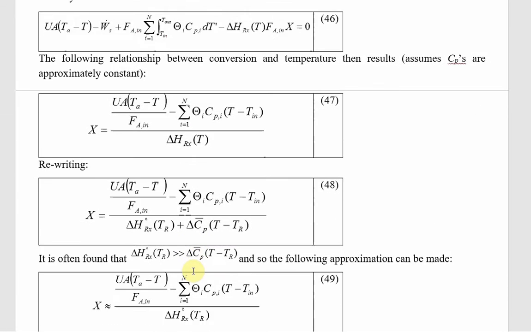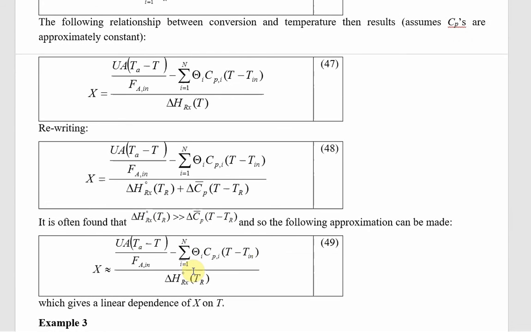So that's the relationship that we had established there. This is saying that if we achieve a certain temperature in the reactor T, so this T without a subscript, that's the reactor temperature, given that we entered at T in, and given this temperature on the heating medium as Ta, and then given all these other constants, for us to accomplish this temperature T, given it entered at T in, then the conversion must have been X here.